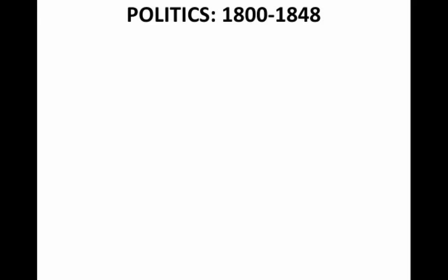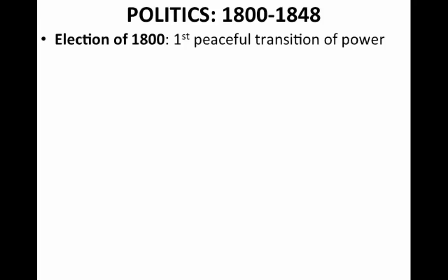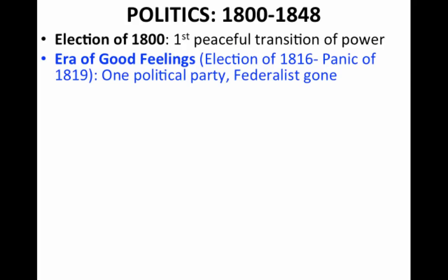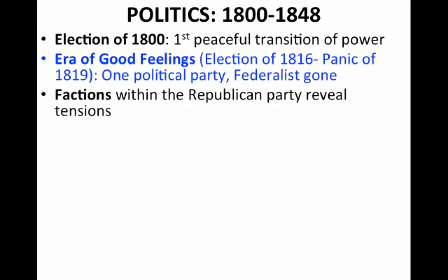Politics between 1800 to 1848, of course, you have the election of 1800, the first peaceful transition of power with the election of Jefferson. The era of good feelings: the election of Monroe is kind of seen as the start, and it starts to fall apart after the Panic of 1819. One political party, Federalists are gone. Of course, not all good feelings, because there are factions within the Republican Party.